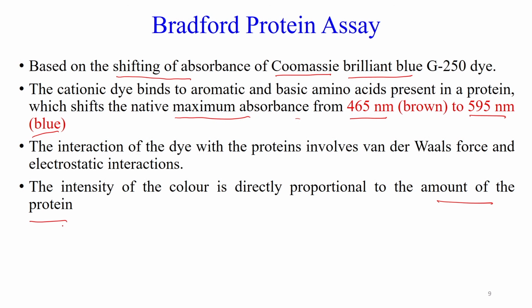So, if you can measure the change in the intensity or the peak shift from 465 to 595, then we can calculate the concentration of that particular protein in the solution.